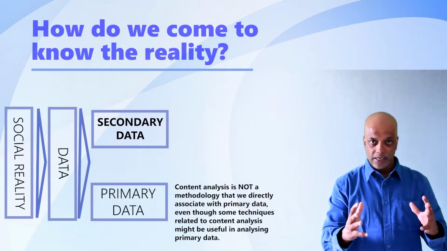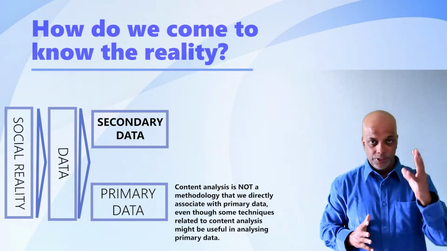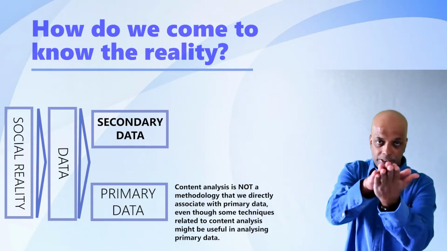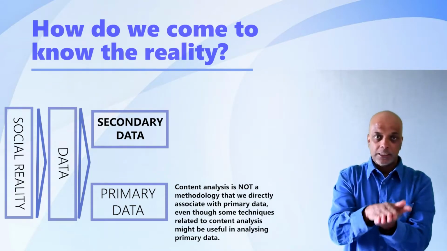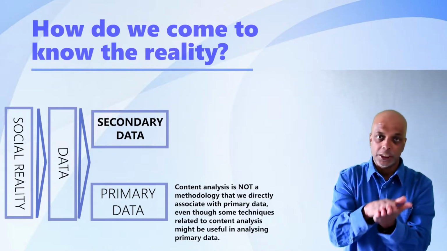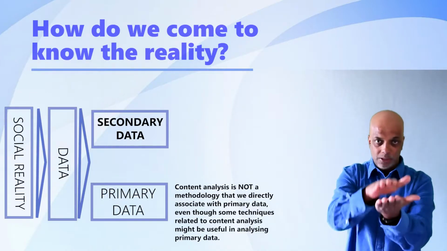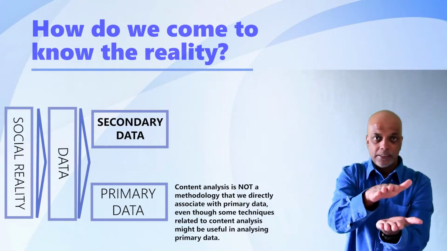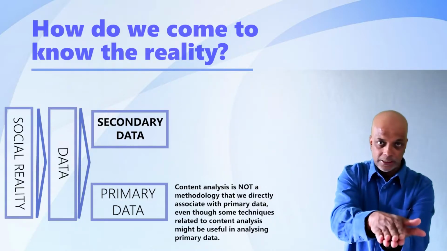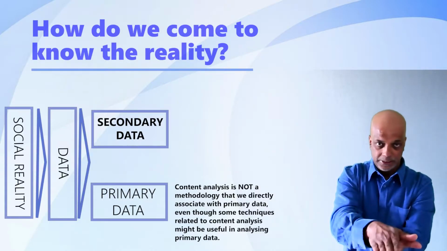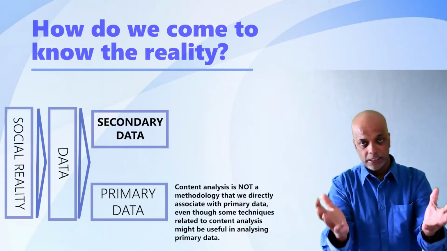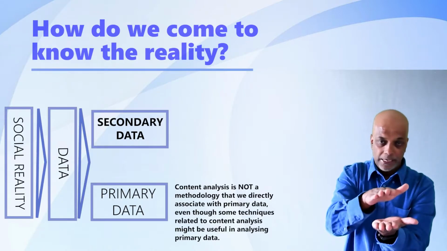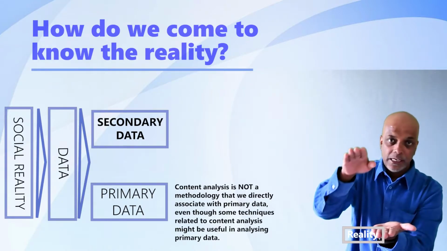So secondary data are those data which are created by the reality situation itself when the reality takes place. It is not a set of data that you yourself as a researcher create. Now, when the reality takes place, when an actual practice is going on, when people do things in their organizational settings, in their social settings, in their political settings most of the time, the reality itself creates a set of data.